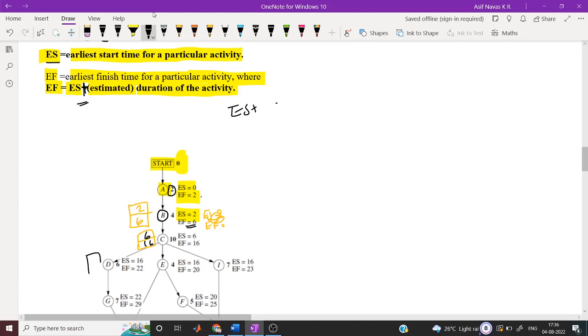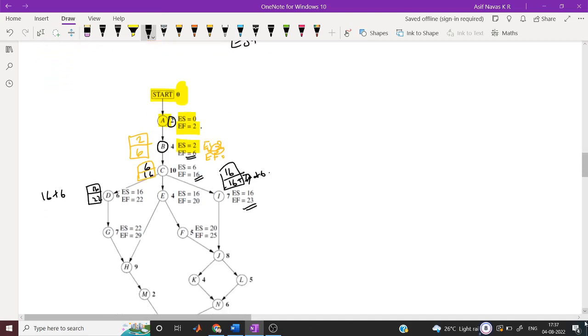And here ES equals 16, and EF is 16 plus 6, that is 22. And for here ES is 16 and EF is 16 plus 10, 26. And 16 plus 7, that is 23. Similarly we can find the rest.